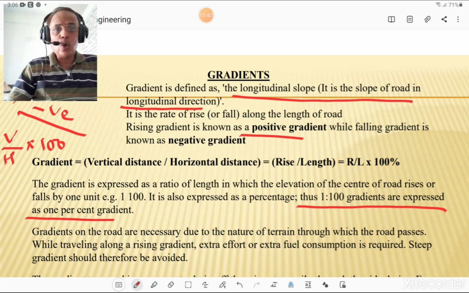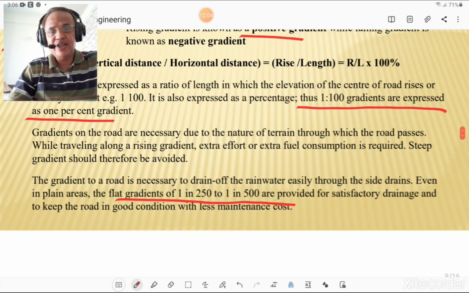Gradients on the road are necessary due to the nature of terrain through which the road passes. While traveling along a rising gradient, extra effort or extra fuel consumption is required. It is very common. Steep gradient should therefore be avoided. Steep gradient should not be there.